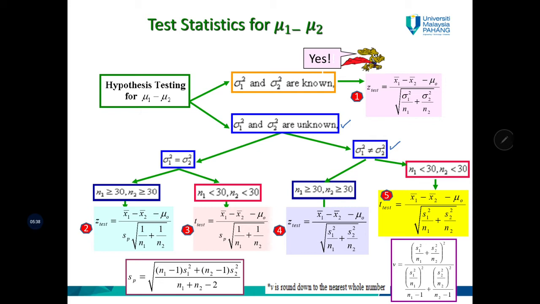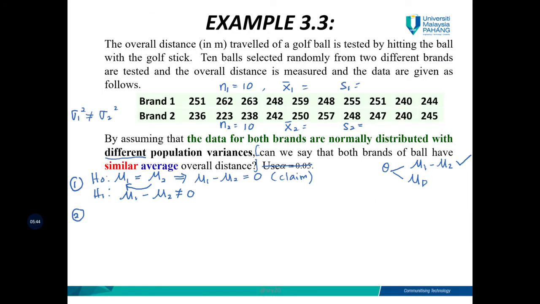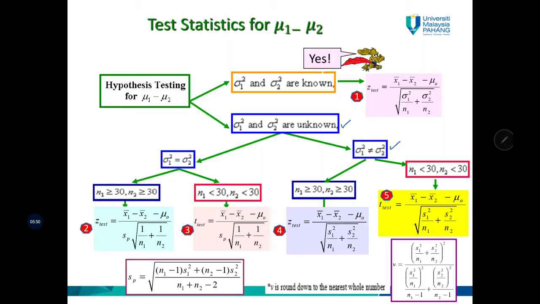The next one is the number of data. When we look at the number of data, n1 is 10 and n2 is 10, both less than 30. So we can see that the formula we need to choose is formula number 5.